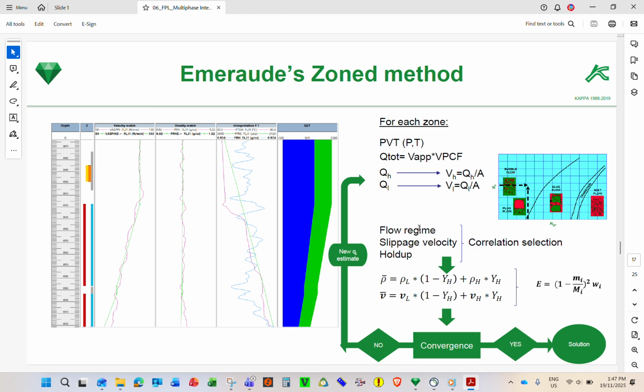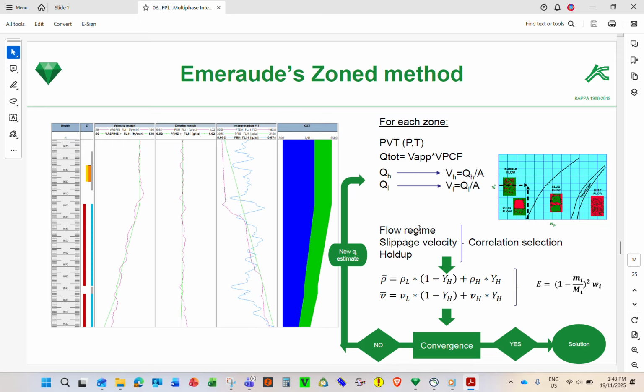So you have the holdup, you have the density. If you have the tool density, this is the one, the average of your density reading. You know the holdup from your tool, for example from capacitance. Then you have rho L, rho H from your PVT.